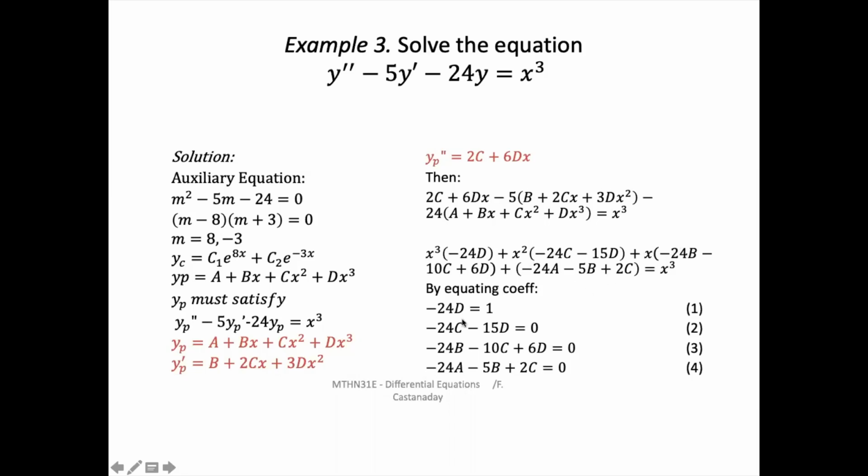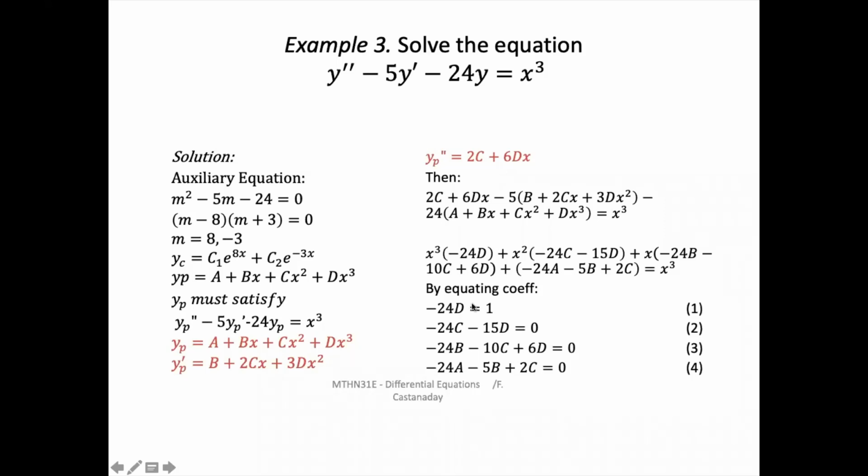Now we equate the coefficients. For x cubed, take a look at the left member of the equation. You have minus 24d as the coefficient of x cubed here. So you write minus 24d, and on the right-hand side of the equation, you have 1 as the coefficient of x cubed. So you have equation 1.